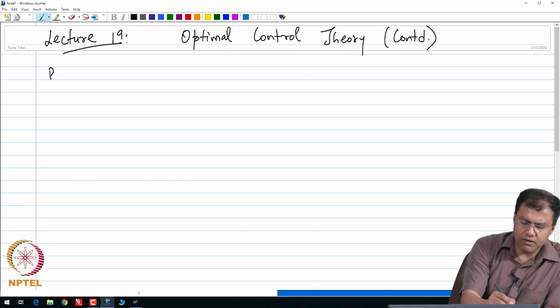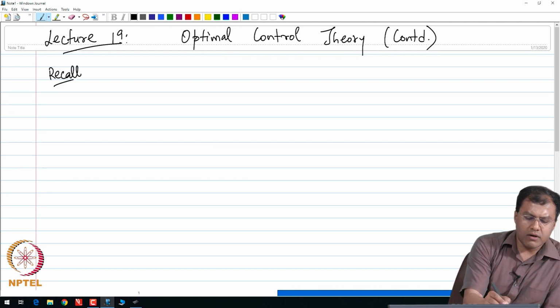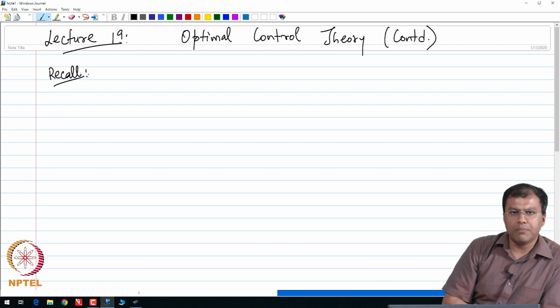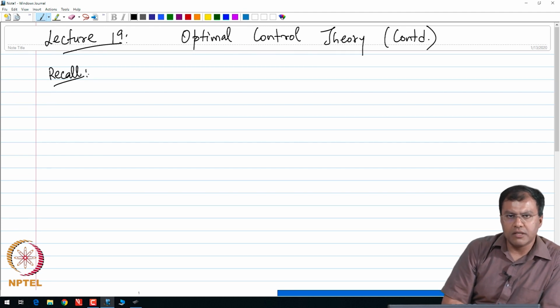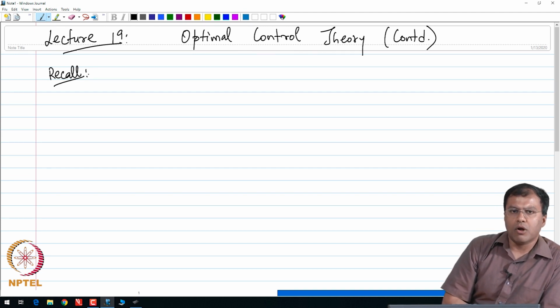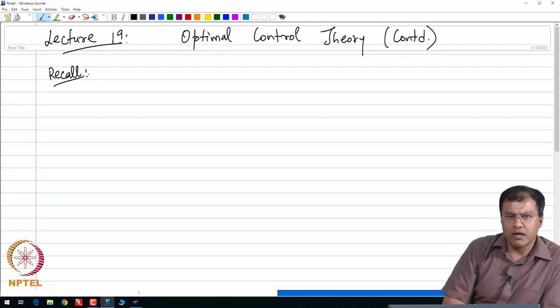Recall we were trying to note down the steps of the solution methodology for solving problems in optimal control theory via calculus of variation.